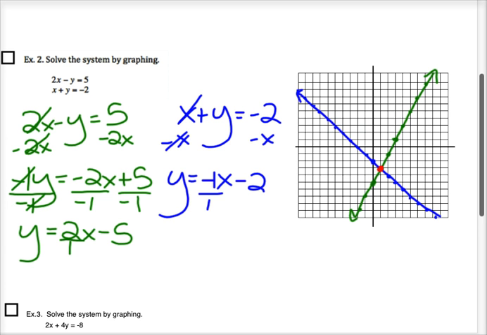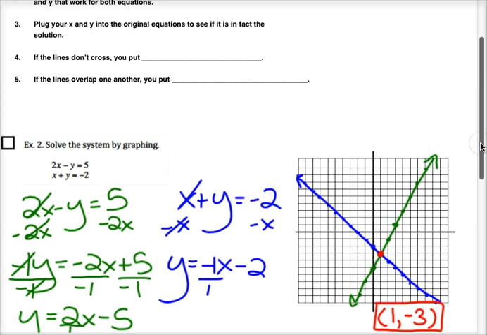That intersection represents the solution to this system. So if I identify this, that has an x of 1 and a y of -3. What my graph is telling me is that that is my solution to the system. That is a point that is true in both equations.